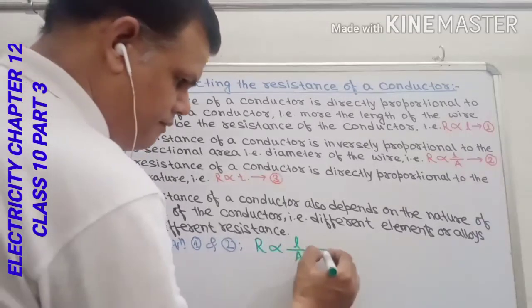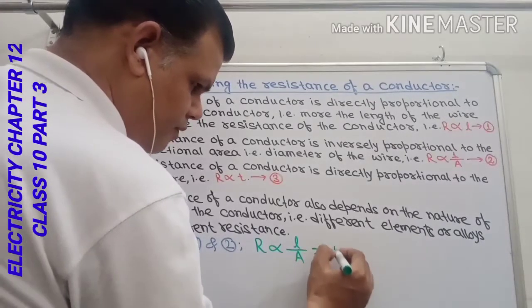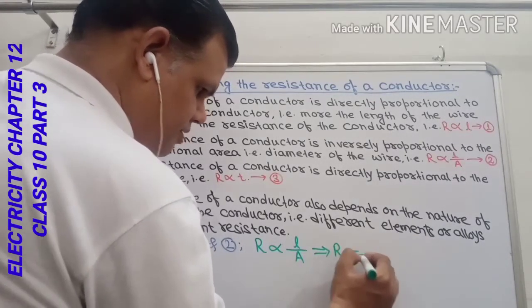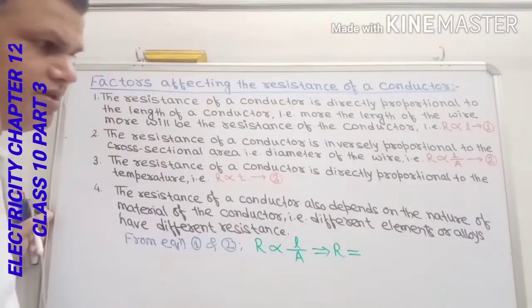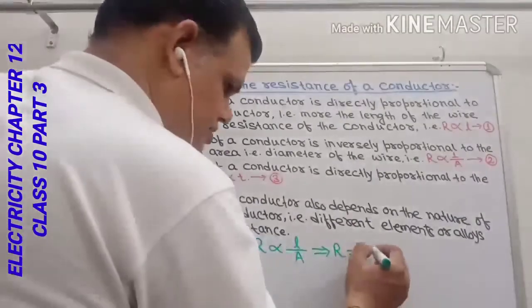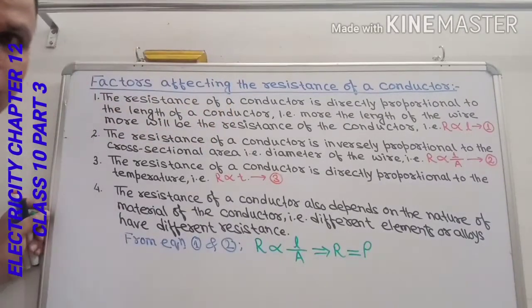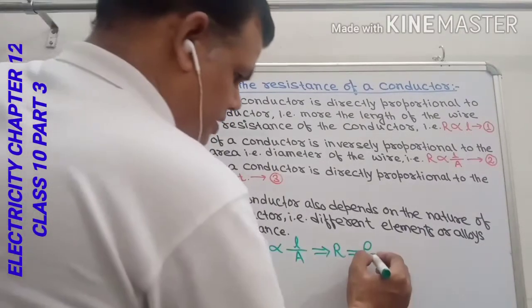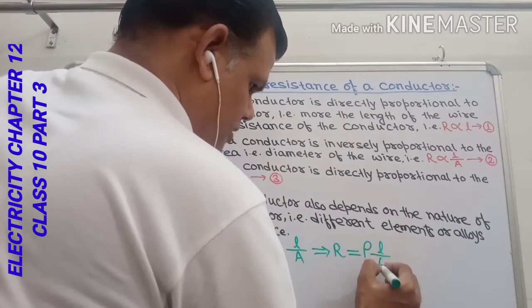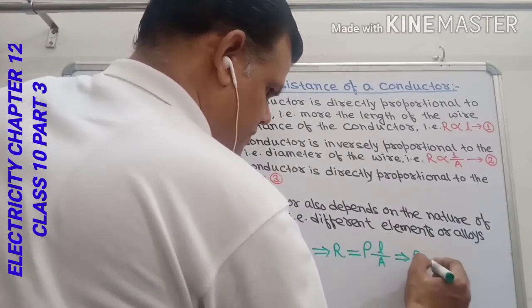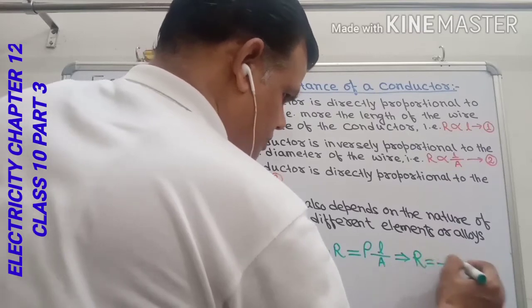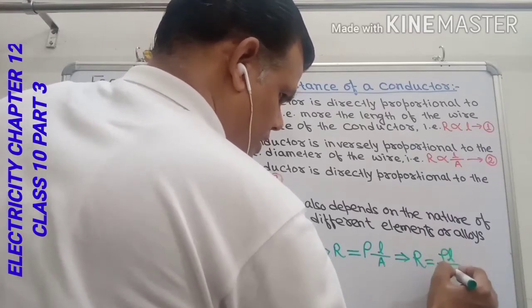If we put an equal sign in place of the proportionality, then we have to put a constant term. Let the constant term be rho, multiplied by L upon A. So the resistance of a conductor equals rho L upon A.